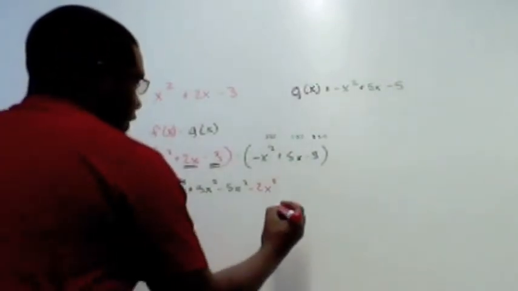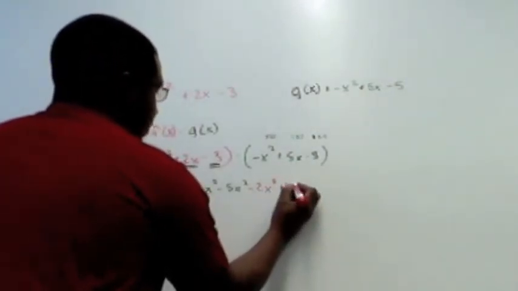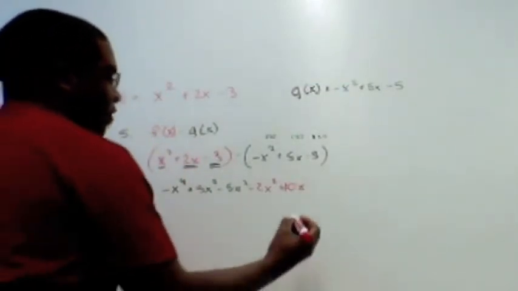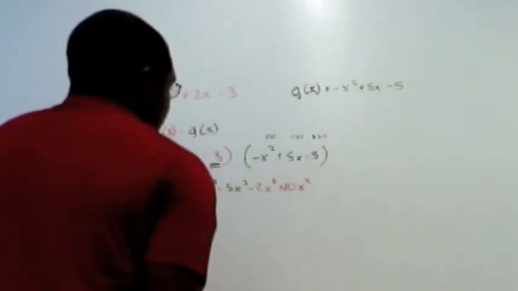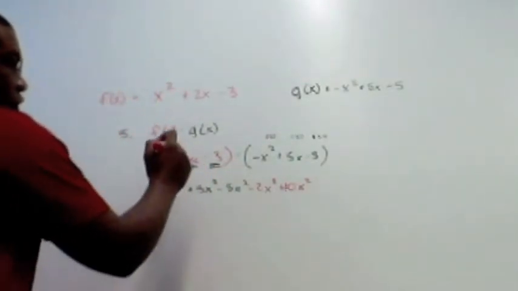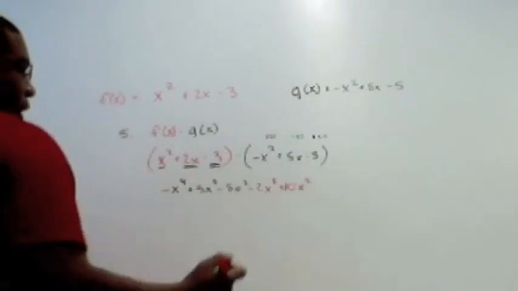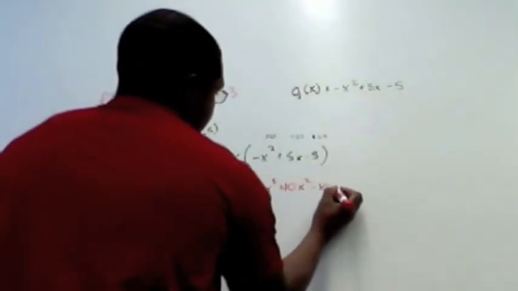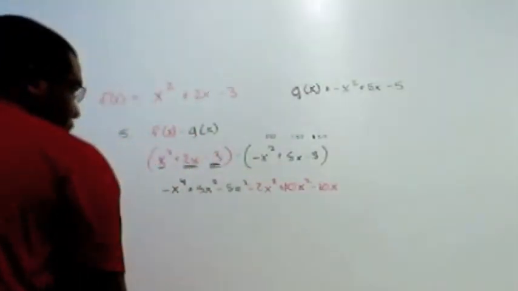So I'll have 2 times 5, which is 10. They're both positive. And then I'll have my exponents of 1 and 1, which will make x squared. Then after I have the x squared, I can go 2x multiplied by negative 5. And that's going to be negative 10, and then can't forget my x.